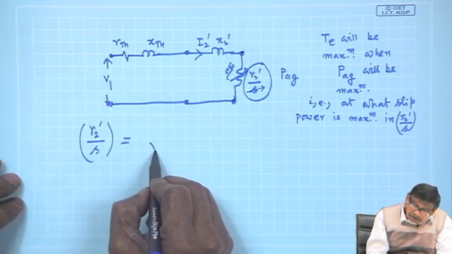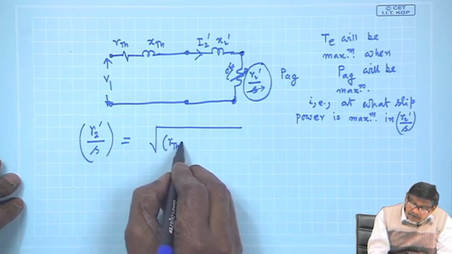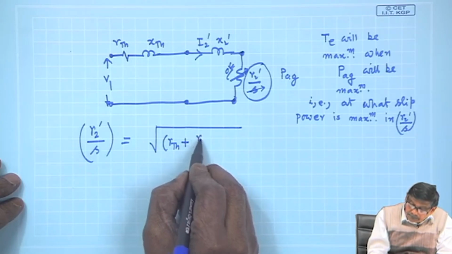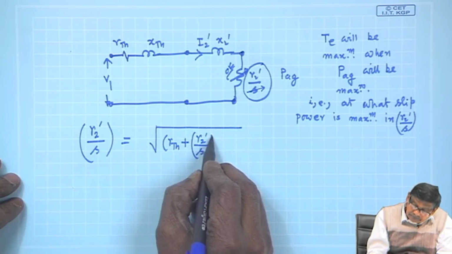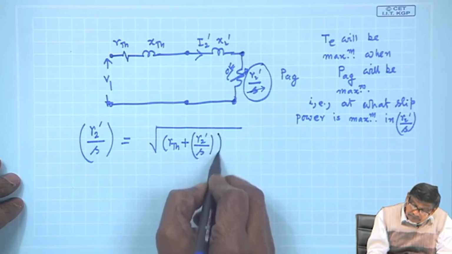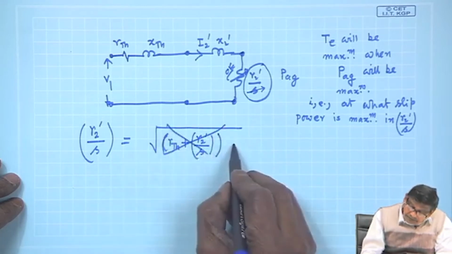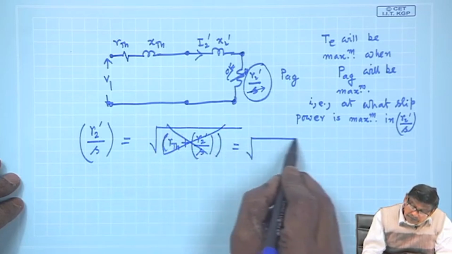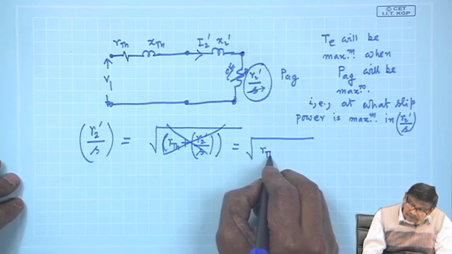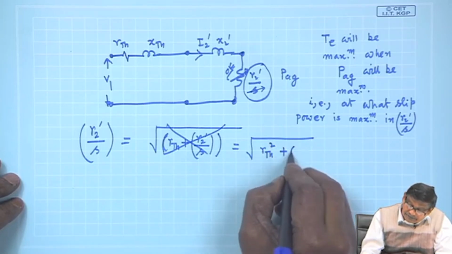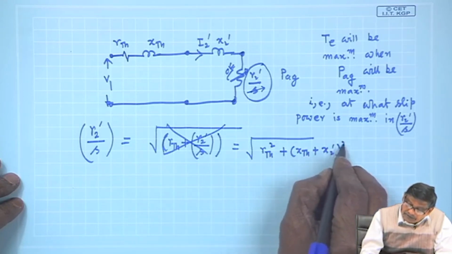That is, it must be equal to the magnitude of R Thevenin plus jX Thevenin plus jX2 dashed, which is the square root of R Thevenin squared plus X Thevenin plus X2 dashed whole squared.